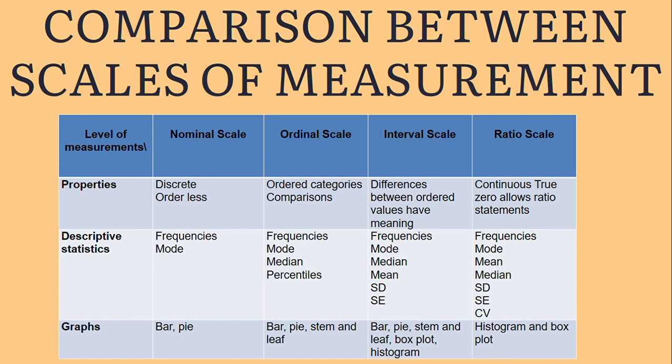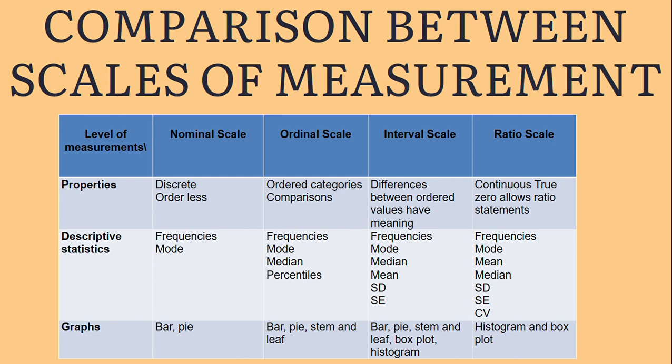In the ordinal scale, frequency, mode, median and percentile can be used, but we cannot interpret the distance between any two values. For example, if we have school grades A, B and C, we cannot say what the exact distance is between A and B, and the same for B and C. These are grades only.